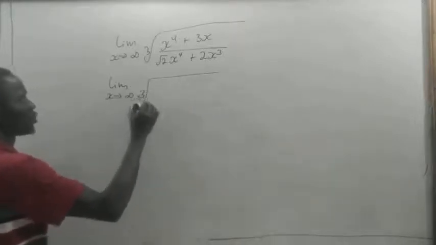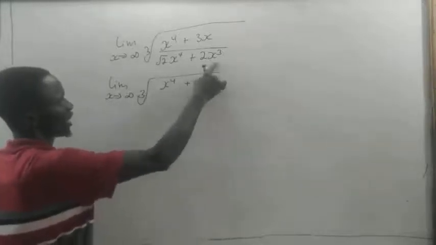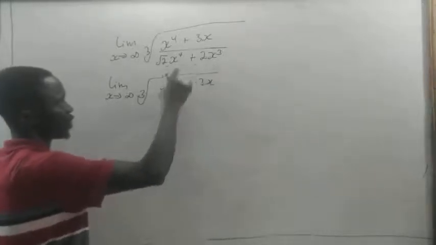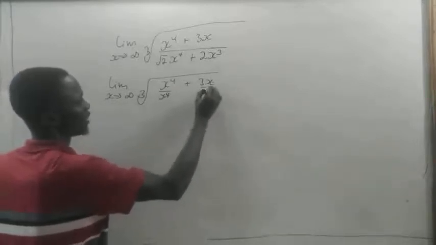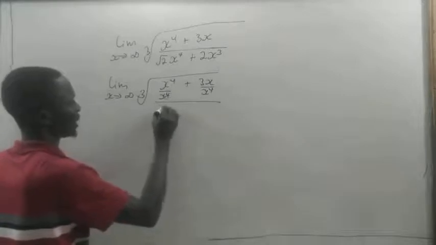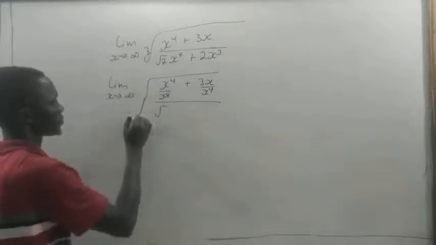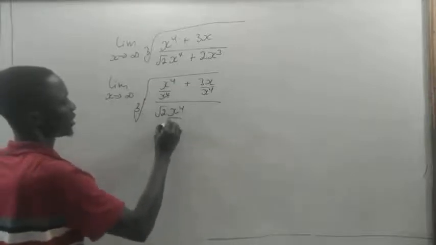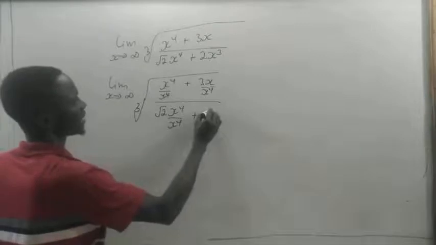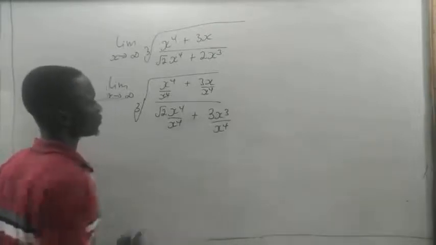Take the cube root of x to the power 4 plus 3x. Look at the denominator. The highest power of x is x to the power 4. So divided by x to the power 4, or divided by square root of 2x to the power 4 divided by x to the power 4 plus 3x cubed, or divided by x to the power 4.